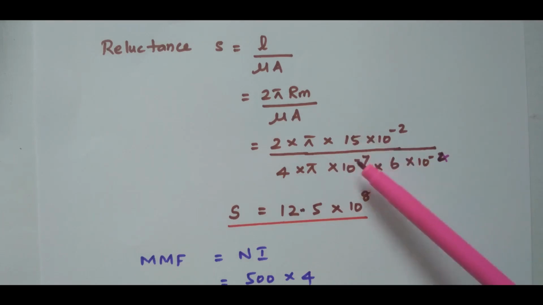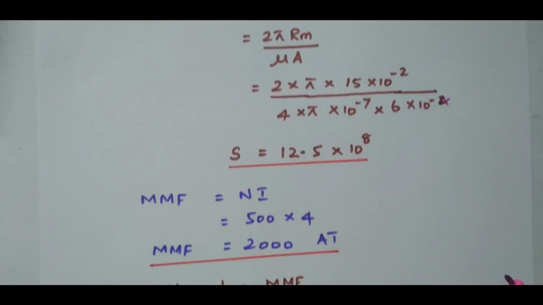So after simplifying this, we got S equal to 12.5 into 10 to the power 8. It is very similar to resistance. The unit will be ohms. So after simplifying, the reluctance S equal to 12.5 into 10 to the power 8.